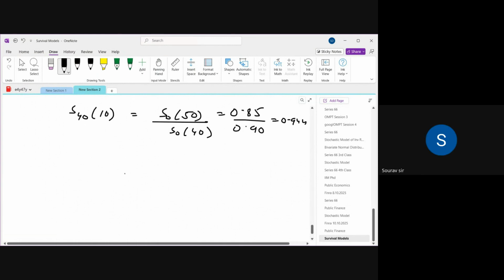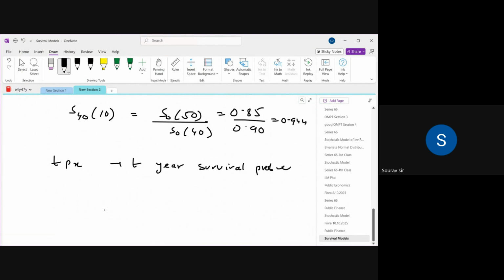Okay. So now next, tPx, the t-year survival probability. So here tPx represents what?